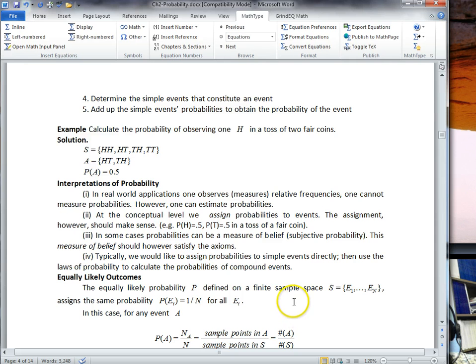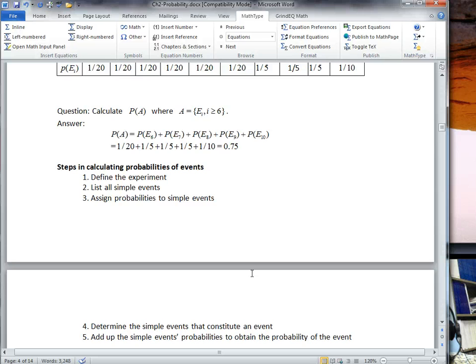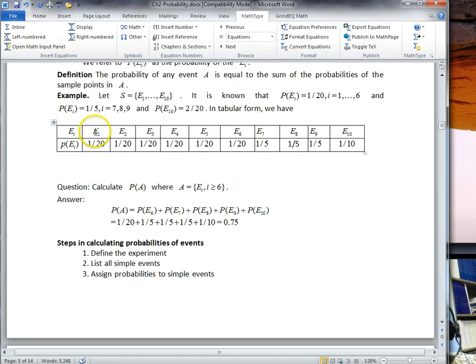One more piece, if you noticed in this example, let me go up here. This experiment had 10 elementary events in it, and they all have different probabilities. So when I calculate the probability of A, I had to add the probabilities of these simple events.